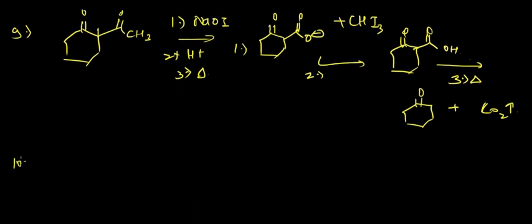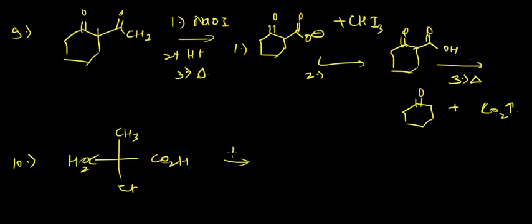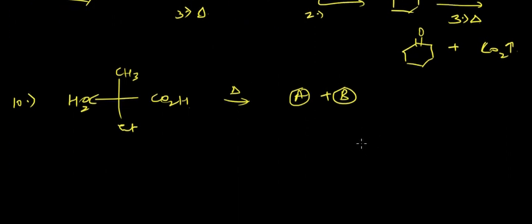Okay, let's look at another example. In this example, we have something like CH3, CO2H here, and Et here, and again CO2H here. So on heating this compound, we get, let's say, products A and B. So what are products A and B? That is the question. Product B would obviously be CO2 gas evolution.